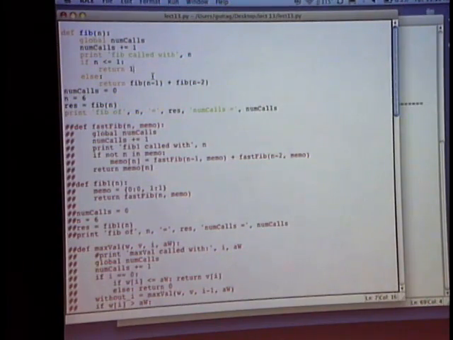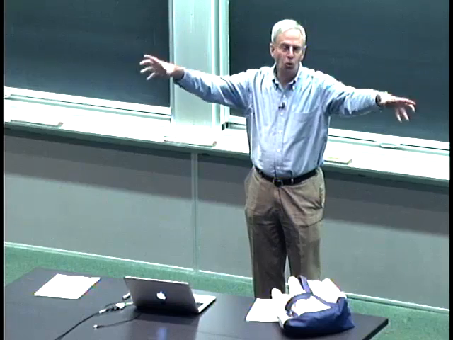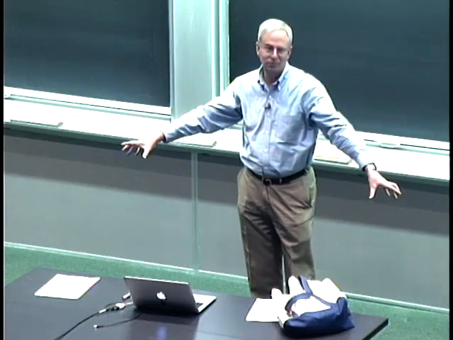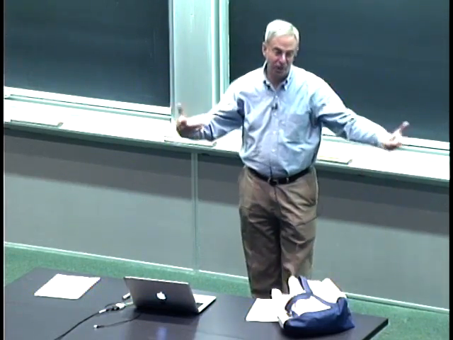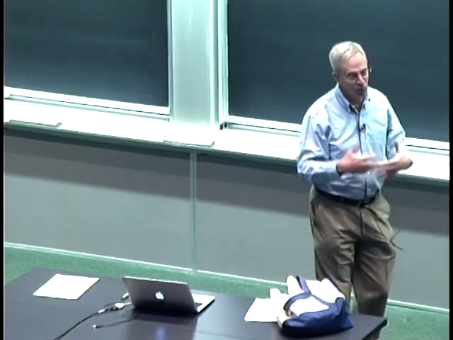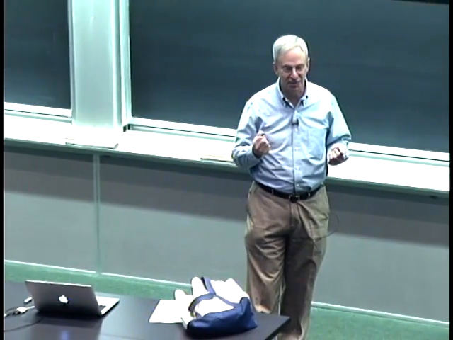But then fib of 5 is also going to call fib of 4. So I'm going to be computing it on those branches. And then it gets worse and worse as I go down. So if I think about computing fib of 0, I'm going to be computing that a lot of times.